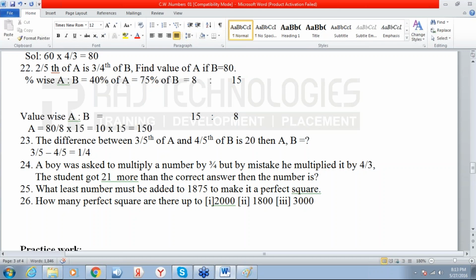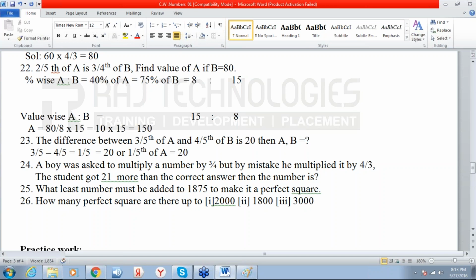The fraction difference is 1 by 5, and that is equal to 20. So 1/5 of A is equal to 20.